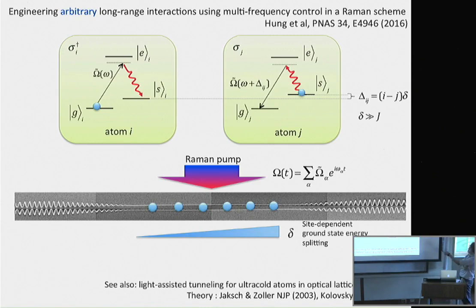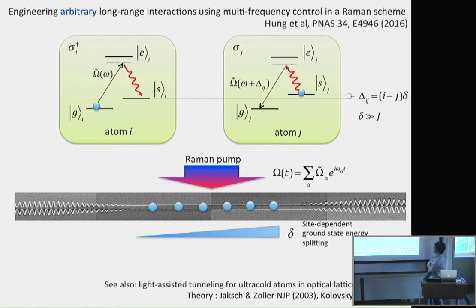So originally the Raman transition: if an atom absorbs the Raman pump and then emits the photon into the waveguide, all other atoms along the waveguide cannot absorb this photon and pair with the original Raman pump because energy conservation wouldn't allow it. But this transition can be reinstated by putting a different frequency component in the Raman pump that matches the frequency shift between the two atoms.